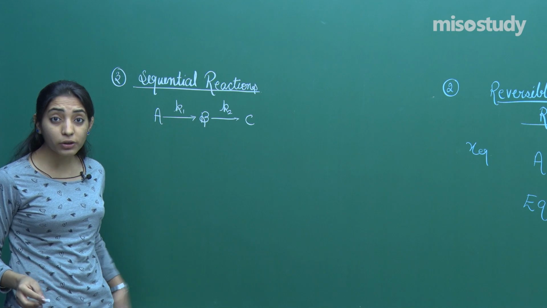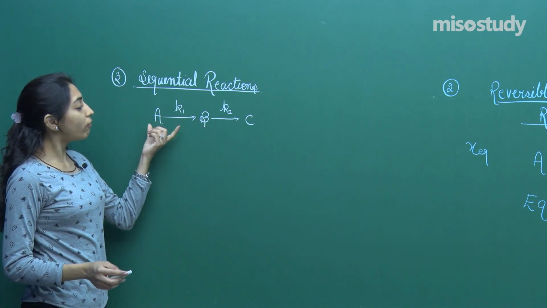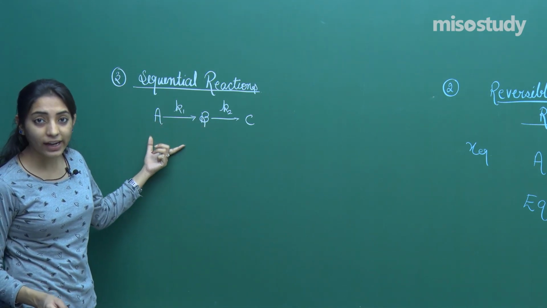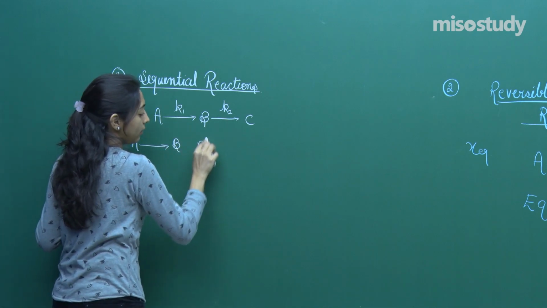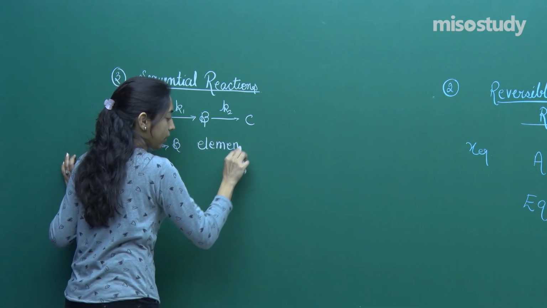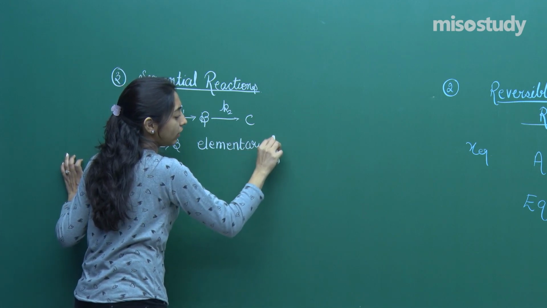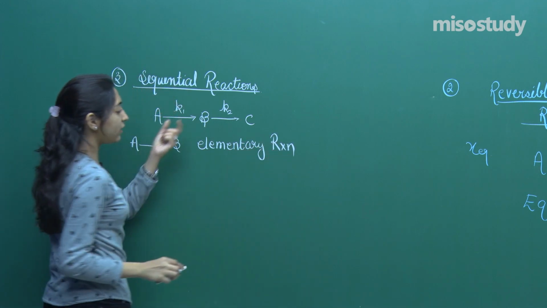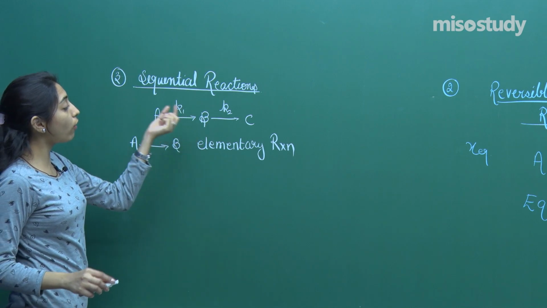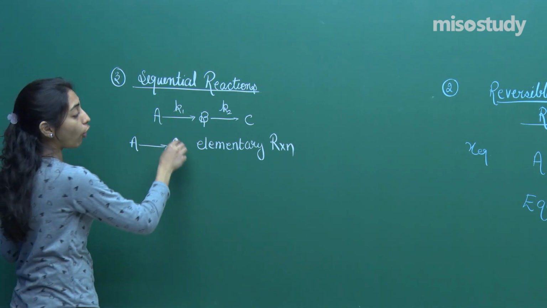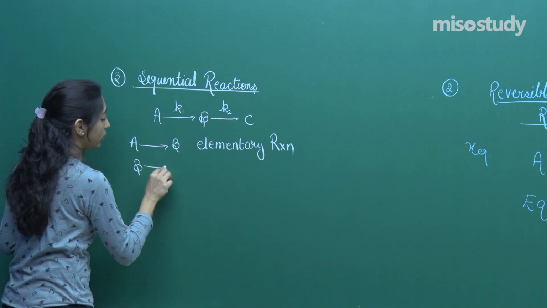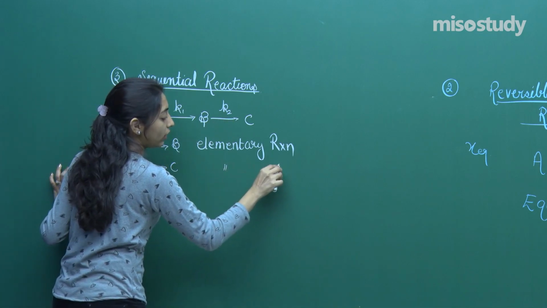So I had told you that the product of one of the elementary reactions, so this A to B is an elementary reaction, right, and its product is B. So the product of one of the elementary reactions is going to act as the reactant of another elementary reaction. So this is also an elementary reaction.